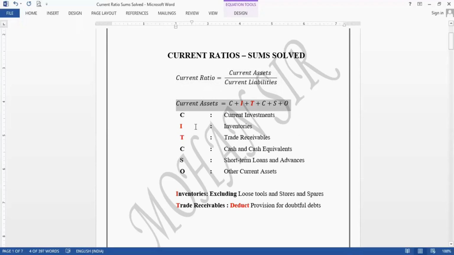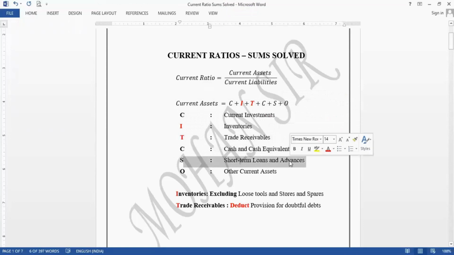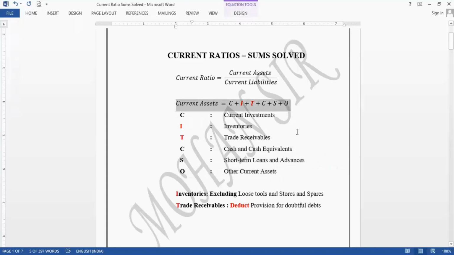C is for current investments, I is for inventories, T is for trade receivables, C again cash and cash equivalents, S short-term loans and advances, O other current assets. So this is how we have to memorize current assets and its components, that is CITCSO, right?